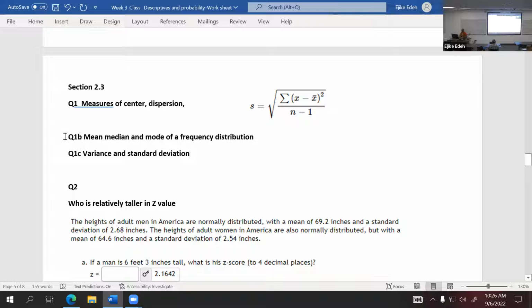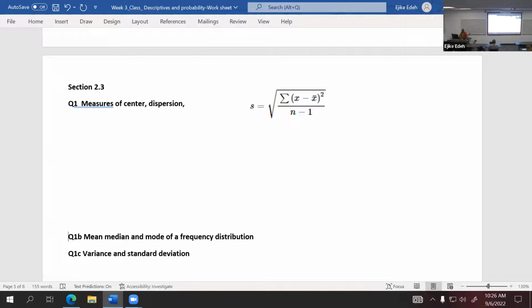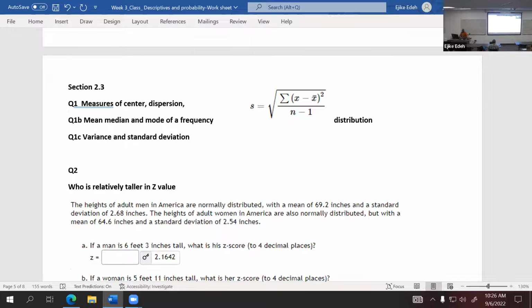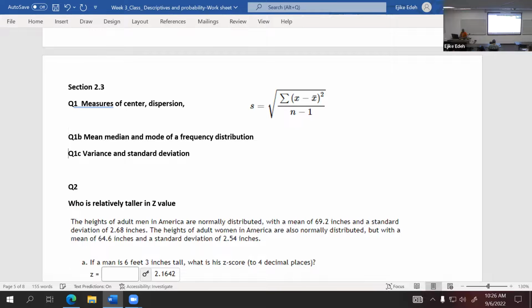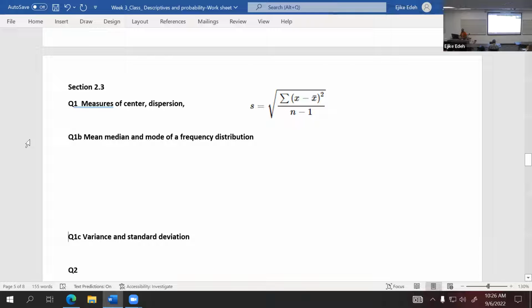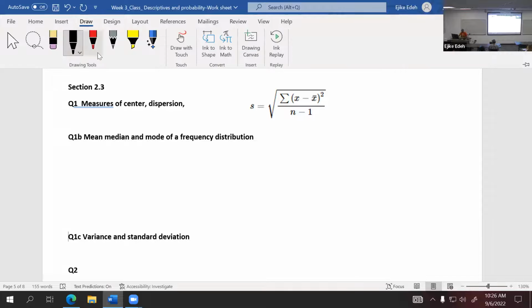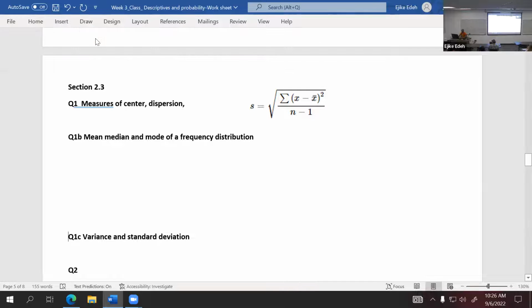Let's start with the first one. I'm going to use simple numbers to do this very quickly. In the homework, you find a few more numbers. So let's assume we have the data points 2, 4, 8, 5. Just something very simple that we can use.